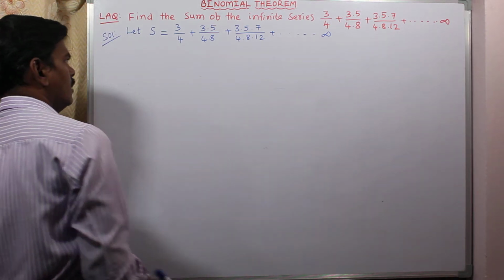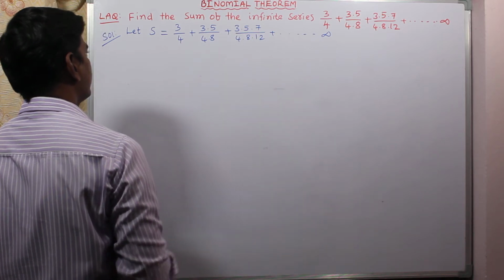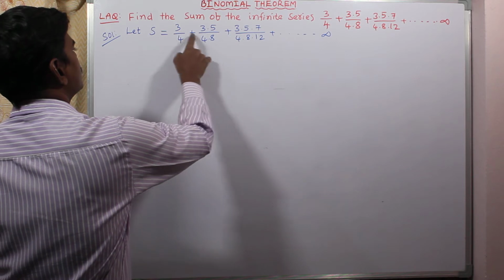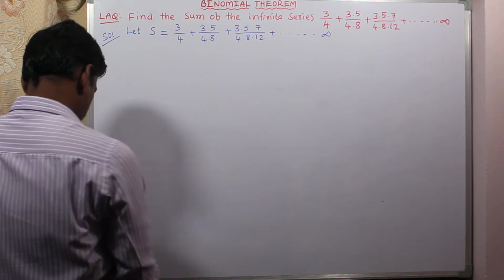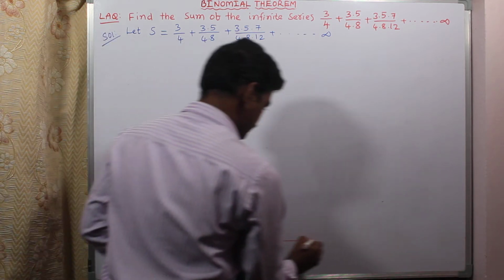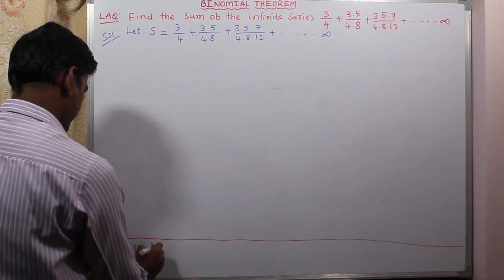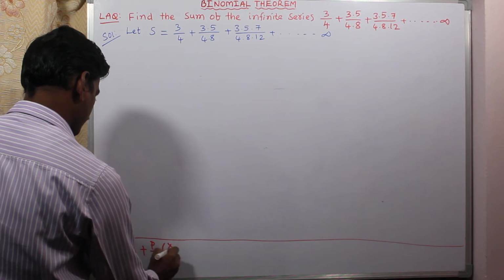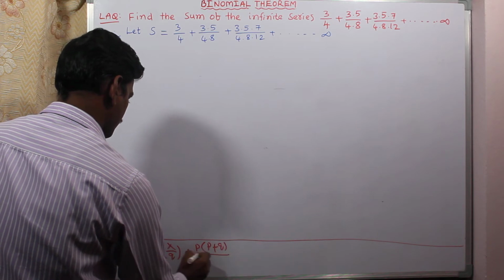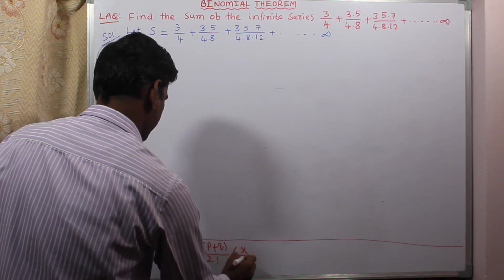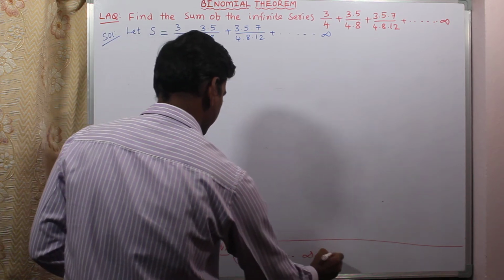Now let us recall the formula which is suitable for the given series. If I observe, the given series has positive symbols between the terms. So for this situation the suitable formula I can recall is 1 plus p by 1 into x by q plus p into p plus q by 2 factorial into x by q whole square plus so on up to infinite.